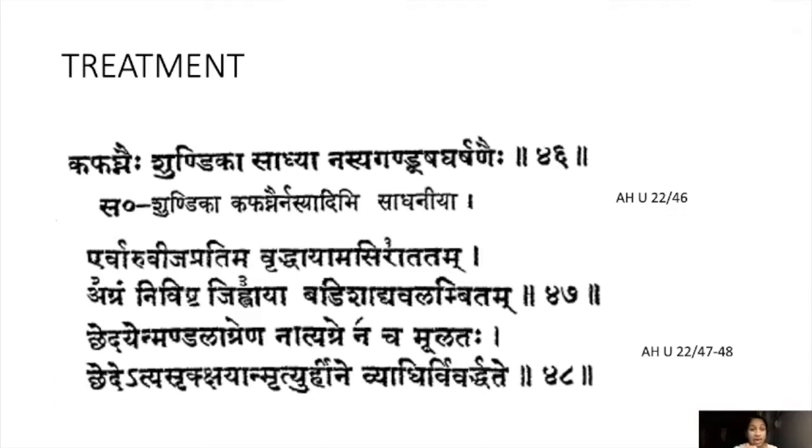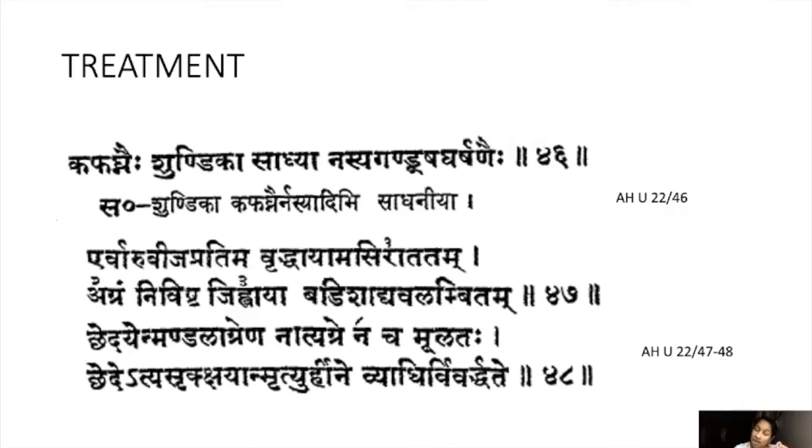Chede Atyasrik Shayad Mrityu, if you are doing Cheda, because of the hemorrhage, Mrityu can happen. Hine, if it is less, then Vyadir Vivardhate, there will be an increase in disease. So if you are cutting more, then there will be hemorrhage and the patient will die. If you are doing it less, the disease will reoccur. So this is the treatment according to Ashtanga Hridaya.